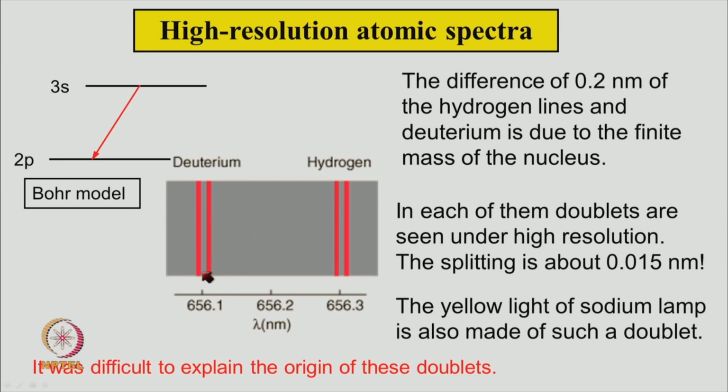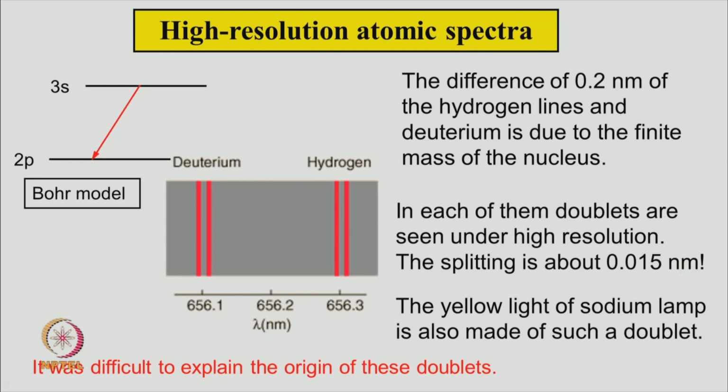It is that these two doublets here and here, where the separation is very small, of the order of 0.015 nanometer, that was very difficult to understand.